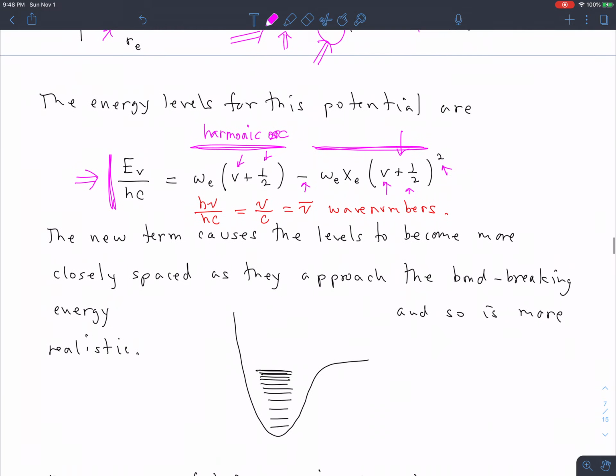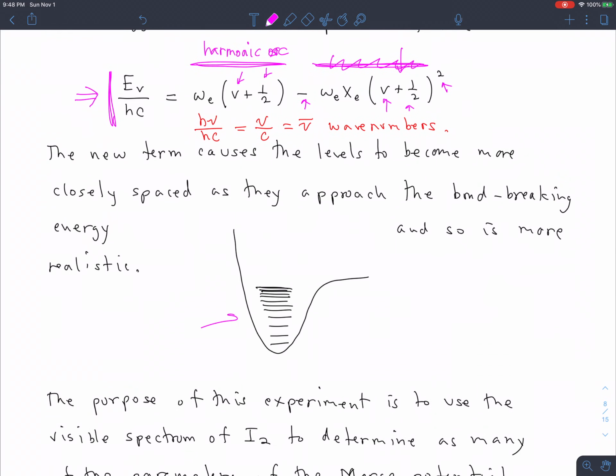And what the effect of this extra term is, is that the levels between the various vibrational states are no longer equally spaced. Down here at the bottom they are equally spaced, but as you start to get higher and higher in energy, basically as you start to approach the bond breaking energy here, right? This energy going from here to here is the energy necessary to break the bond.